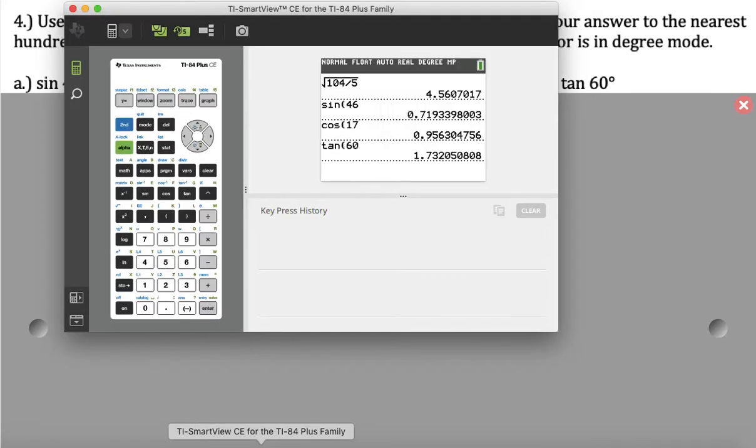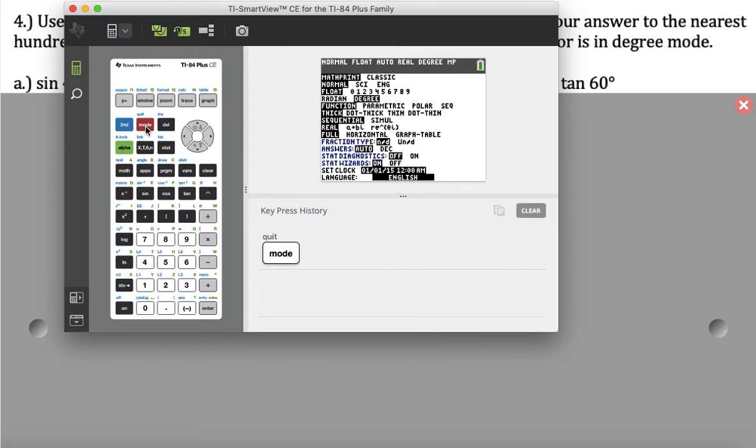And if you have the graphing calculator, you'd always want to go to mode and then scroll down and make sure that you're in degree mode. The normal mode is radians, so you want to make sure you're in degrees, and you would just arrow down and then hit enter over degree.